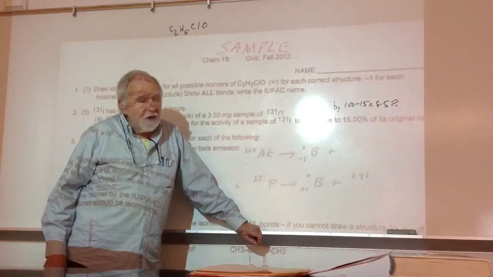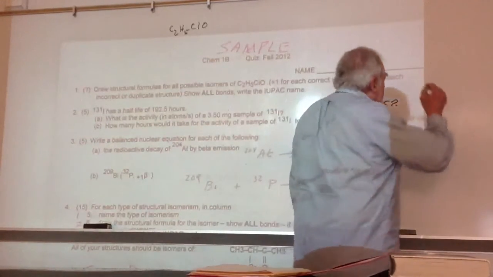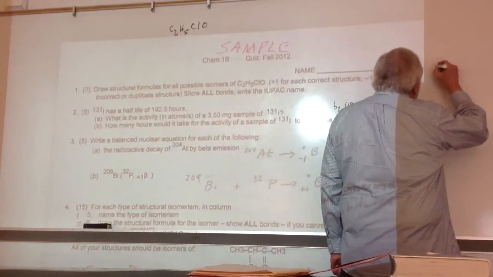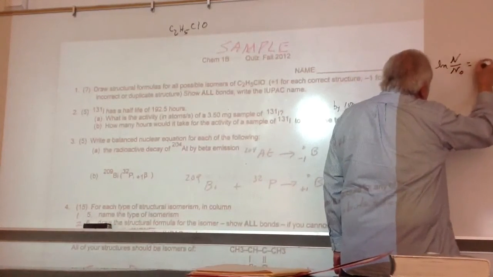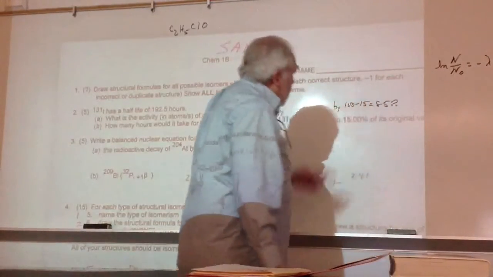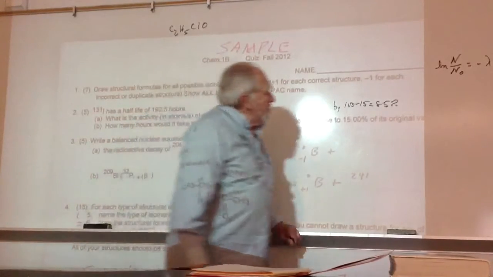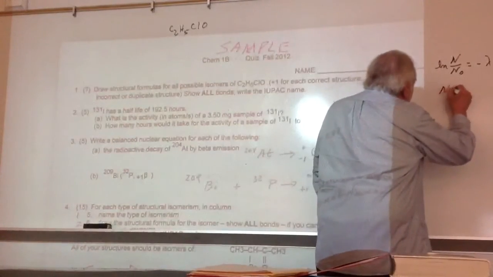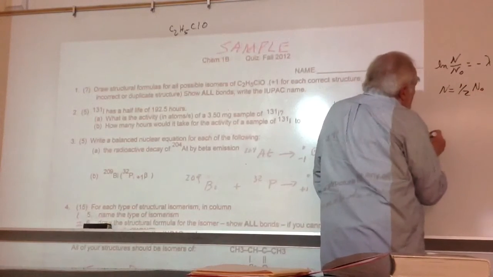But for the half, I know what you were thinking of when I did the derivation of the half-life. I said we had this equation. In other words, that was the integrated rate equation that we talked about. And now I said when we talk about half-life, n is n0 over 2, right?